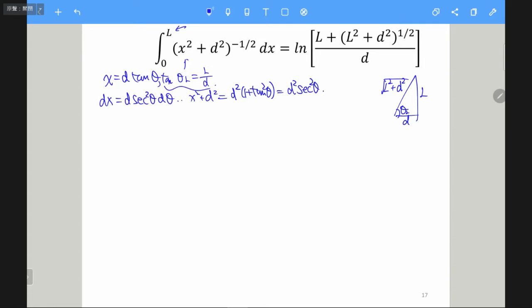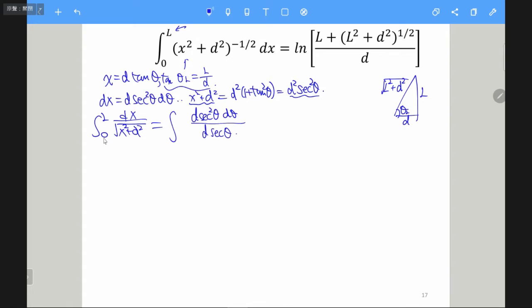So here we have the integral from 0 to L of 1 over square root of x squared plus d squared dx. We have dx to be d secant squared theta d theta, all over square root of this, which is d secant theta.